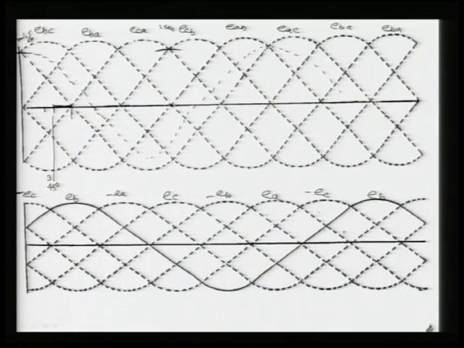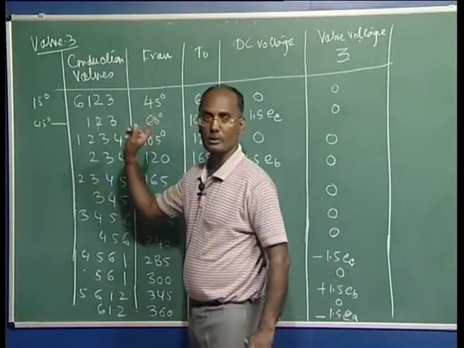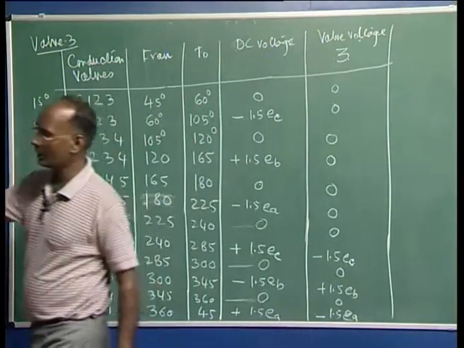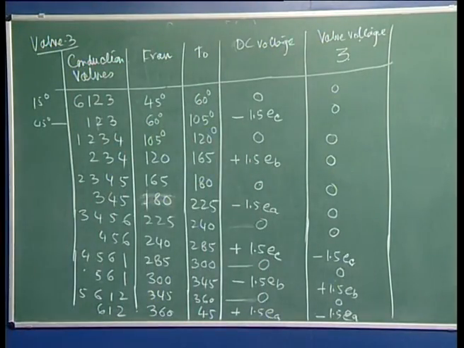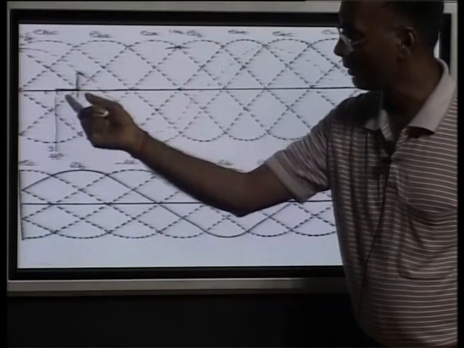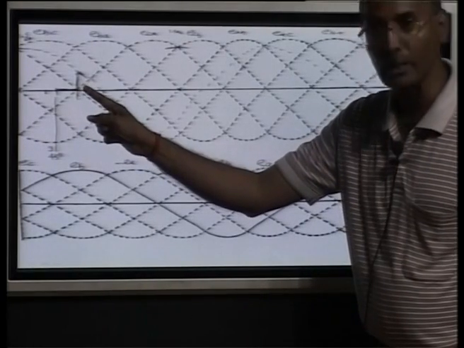What happens is suddenly the voltage will go here and follow this one when the commutation between 2 and 6 is over. I said it is 15 degrees, when valves 6, 1, 2, 3 are conducting.